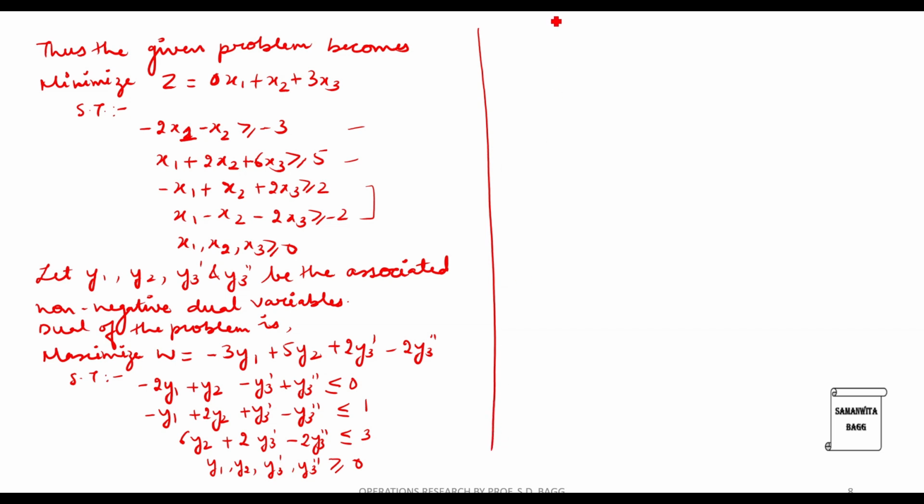Lastly, what we'll do is, we will be substituting y3' - y3'' as y3, where y3 is unrestricted in sign.